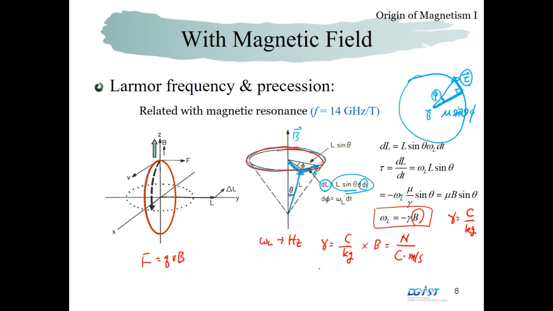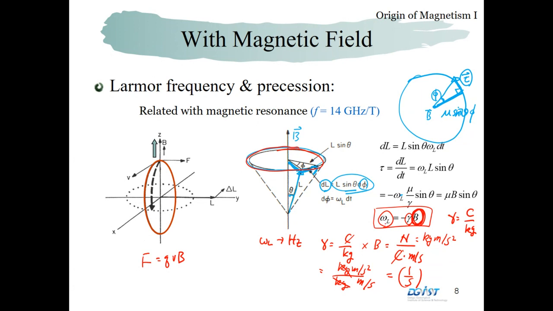So if we multiply those two terms and drop the Coulomb, and the Newton is nothing else but kilogram meter per sec square, we can drop this one. So we have 1 over s. That's the unit of the hertz. Okay, so please keep in mind, if we multiply the gamma to the magnetic field, you can always obtain the unit of the frequency. That is very important.